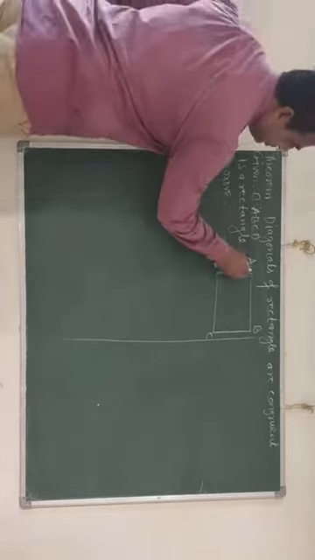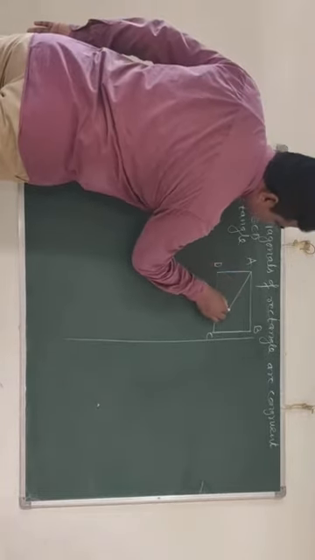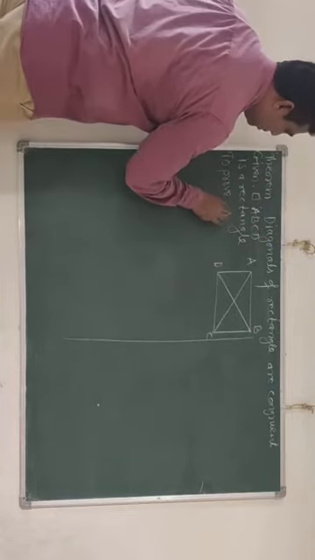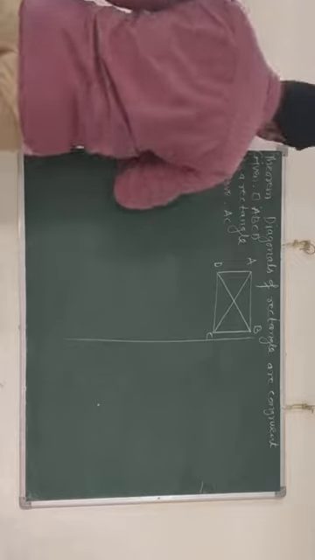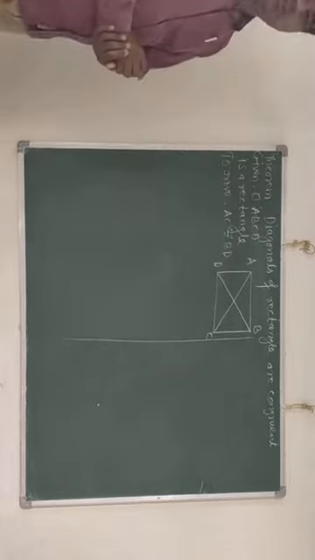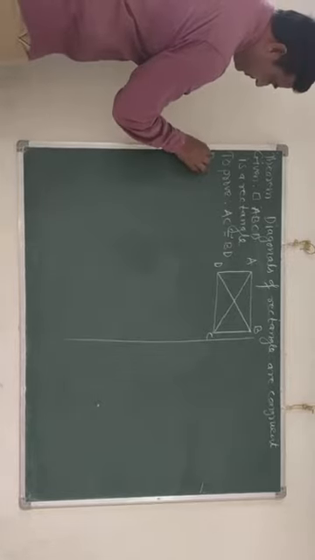That means here you want to prove this diagonal AC is congruent to diagonal BD. So you want to prove AC congruent to BD. That is what you want. Let's start the proof.